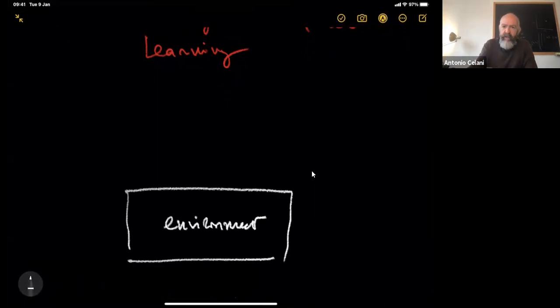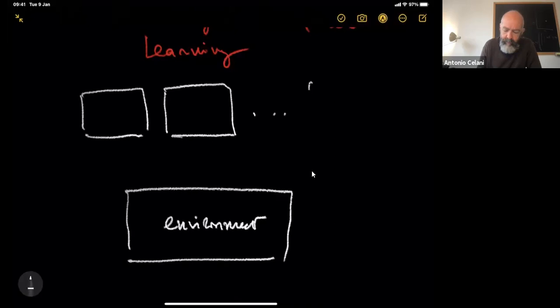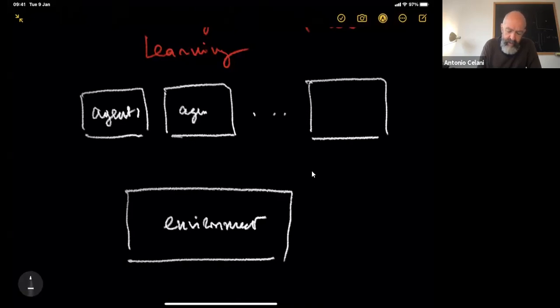But now we are in presence of several agents which interact with the environment. Okay, so this is agent 1, agent 2, agent, say, capital N. So each of these agents has in its own brain some procedure, like an algorithm by which it makes decisions which turn into actions.